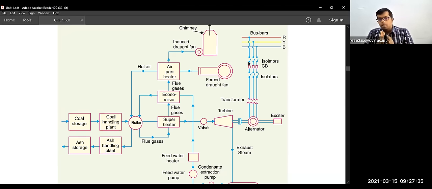If you see the block diagram, first it starts from the coal storage plant. Coal is stored in a coal dump yard.